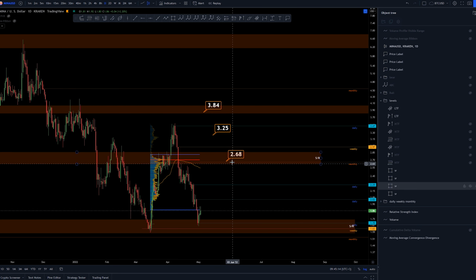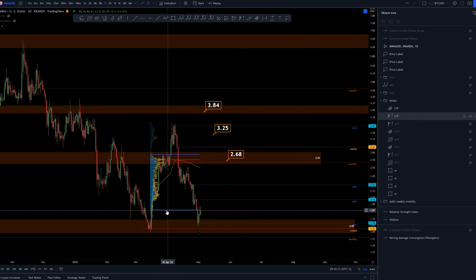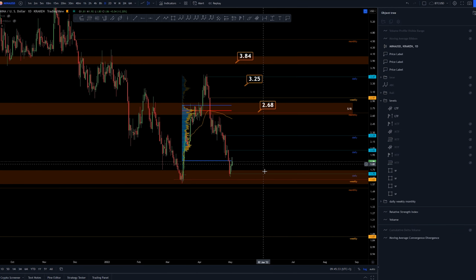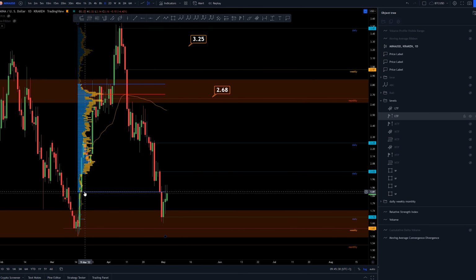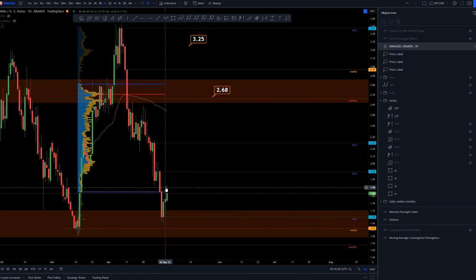Lower time frame, again point of control basically here at the monthly. There's also a range value area high around this support and resistance area, giving even more confluence around this $2.70 area. Now just above us, the current price we're having right now, we have the range value area low that is acting as a resistance.